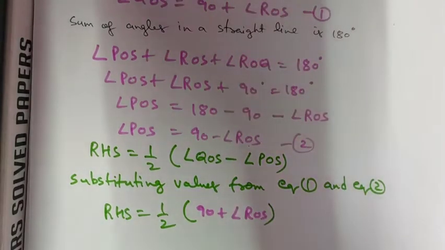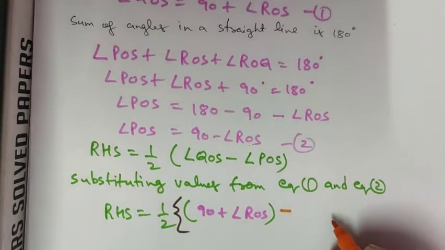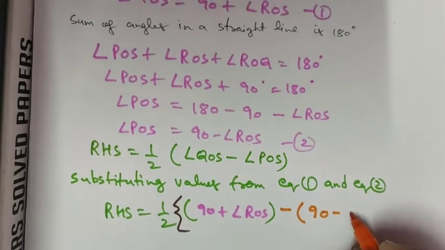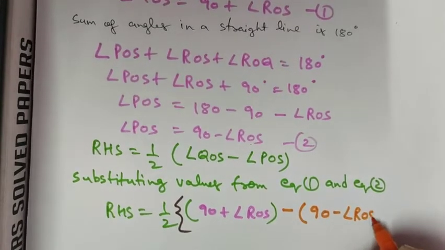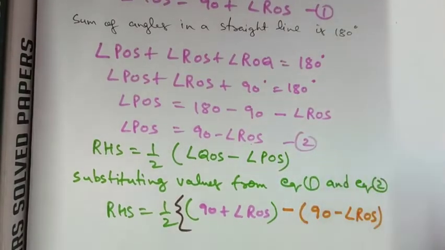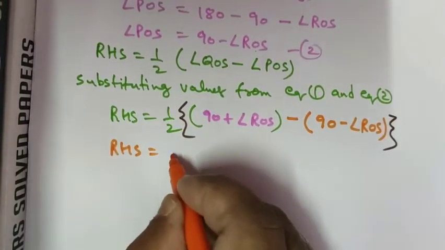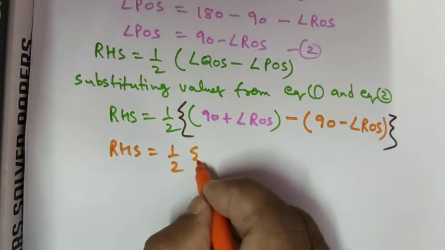Then minus angle POS. POS is what? POS is from equation 2, 90 minus angle ROS. Okay, from equation number 2. So RHS will become equal to half within bracket.